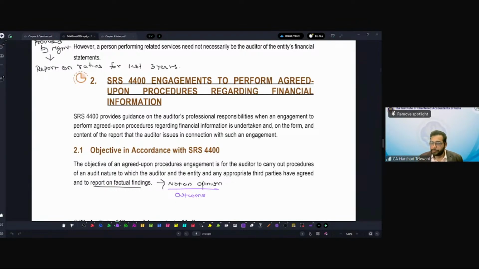We understood the difference between assurance and non-assurance engagements, and we will see the terminology also: what is the purpose of a report under SRS 4400, and how we issue it.